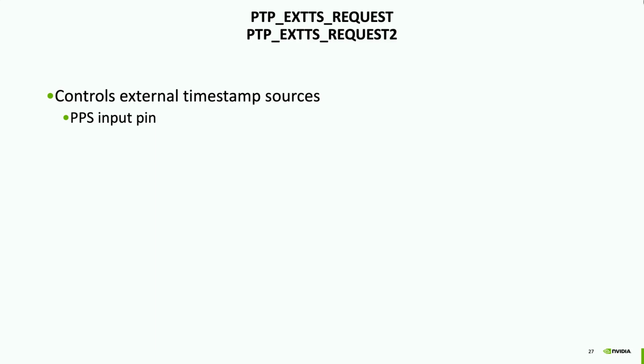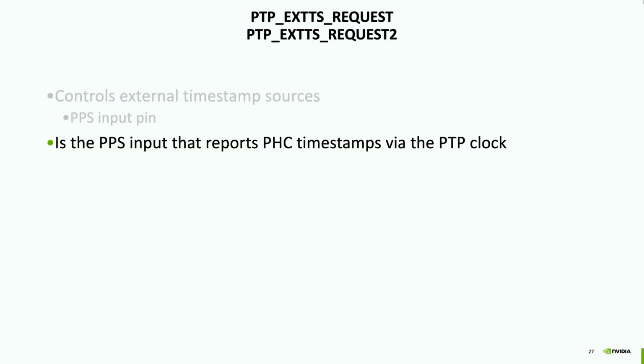The configuration of the input will be covered by this request. This is the PPS input that reports PHC, so PTP hardware clock timestamps via PTP clock. They will be fed into the queue that's attached to your clock, and we will be able to read those timestamps from the device.